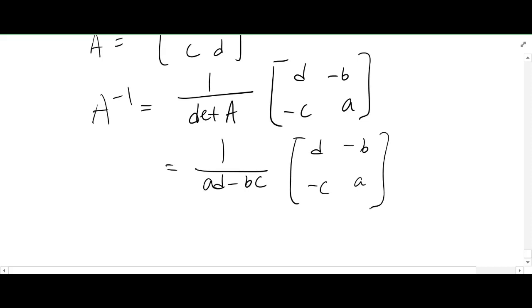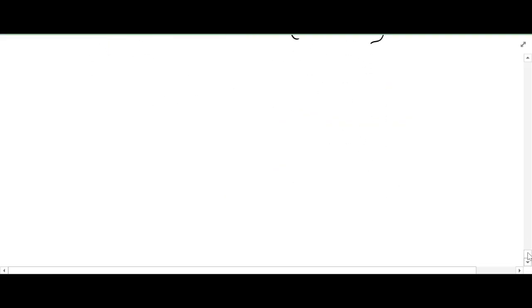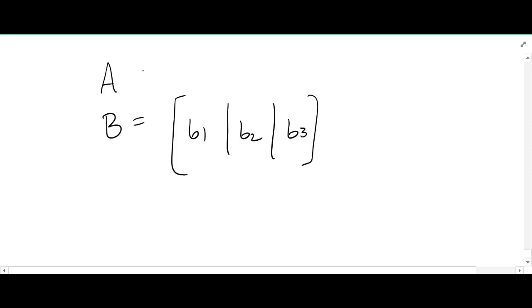As for the homework problem, what is column 3 of AB? What is row 2? For example, if you take some matrix A and some matrix B, and the columns are B1, B2, B3, let's say A is M by N, B is N by P, just so we can do the product.